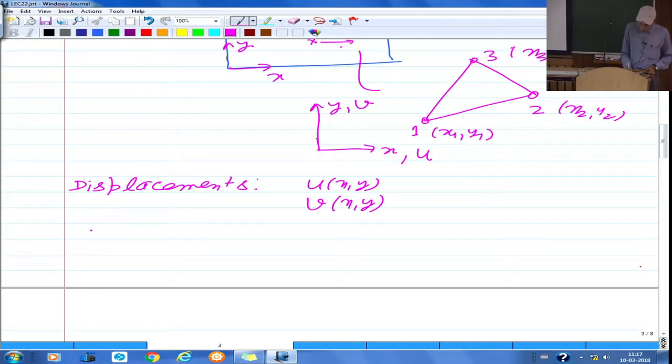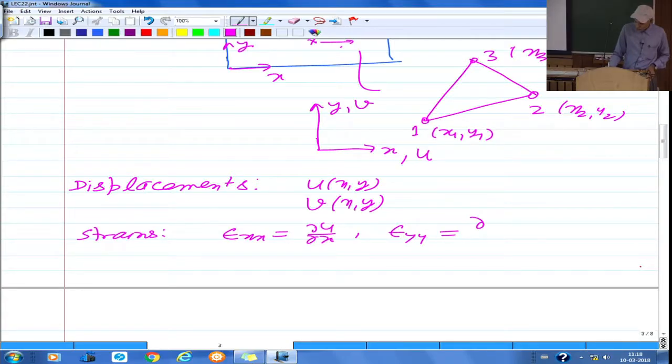Then strains. You will have epsilon xx, which is del u by del x, and of course u and v are assumed to be unknown functions of x and y, so we will leave it as it is. Epsilon yy is the rate of change of v along y, and then you also have the in plane shear strain, which is del u by del y plus del v by del x.